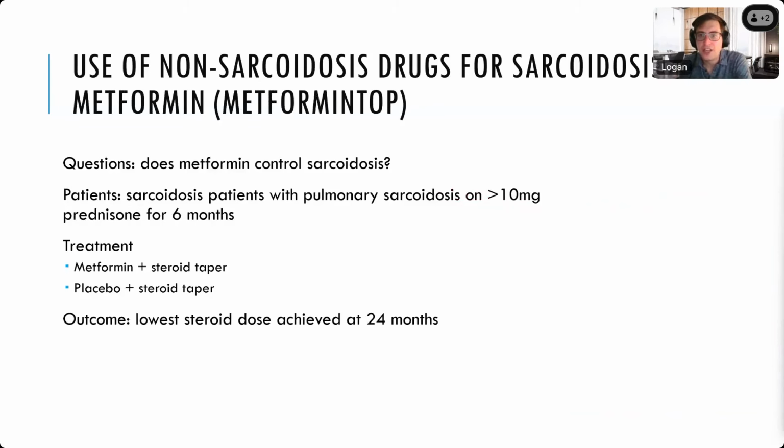Outside of targeting the cause or targeting the symptoms or targeting the inflammation, sometimes we look for off-target effects of drugs. Metformin is a drug that is commonly used for treating high blood sugar, but there is a lot of data showing that it may also have anti-inflammatory properties.